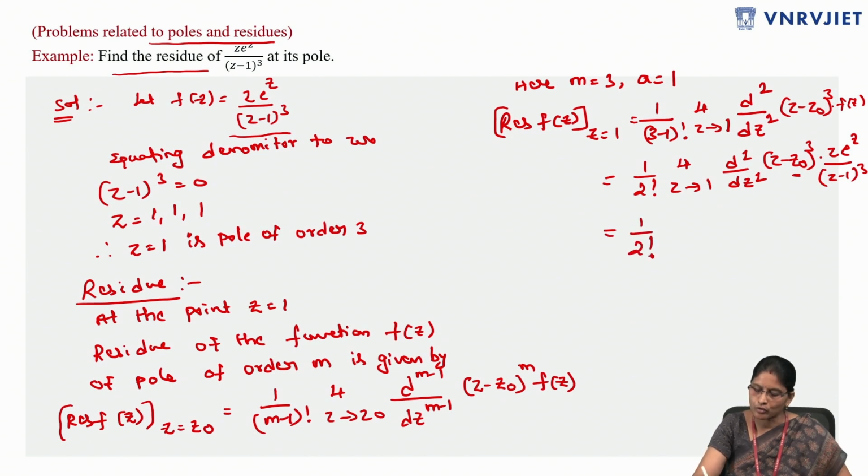1 by 2 factorial limit z tends to 1 d square by dz square into z minus 1, at the point we are taking. What is the point that we get? Z is equal to 1 whole cube into z e power z by z minus 1 whole cube.